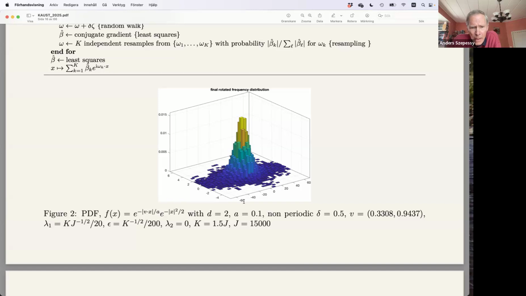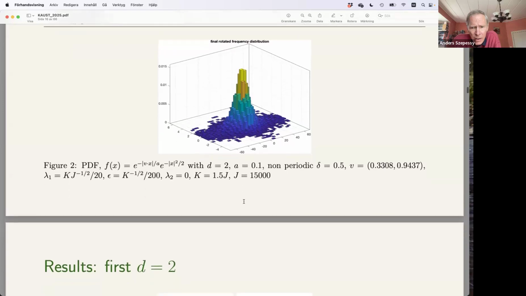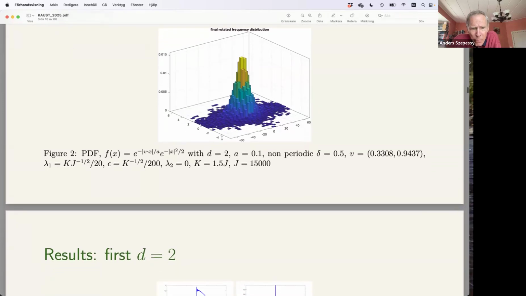So the distribution of the frequencies in the direction not being in this direction V here is standard normal, around 3, 4 here in frequency number, and then in the other direction it's much bigger, 60.